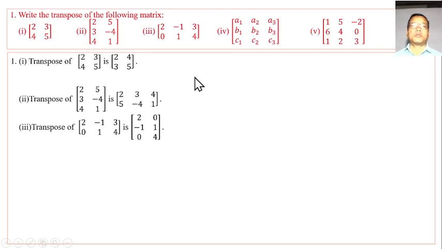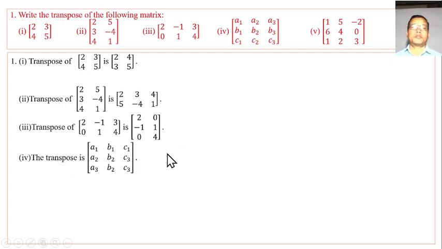The first row becomes the first column, so this must be 3, and the first row becomes the column. Then the second row becomes the second column, the third row becomes the third column. So in the last matrix, the first row becomes the first column, the second row the second column, the third row the third column.